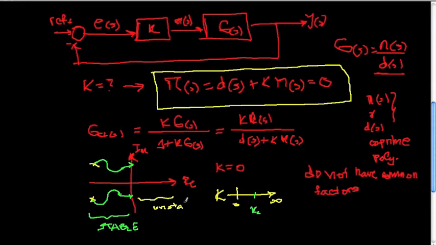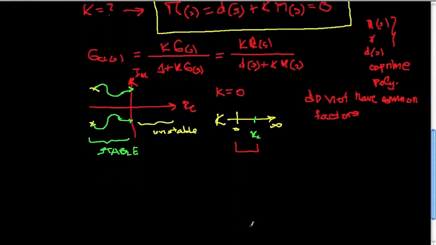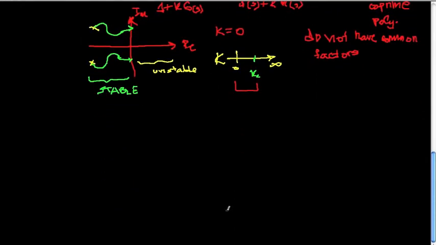Unstable poles of the closed loop characteristic equation. In other words, the operating K is just going to be K from K0 to K critical. This is the operating K. That's the domain of K that will stabilize the closed loop system.